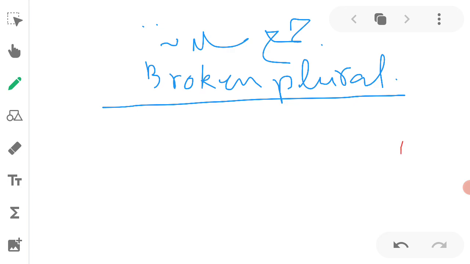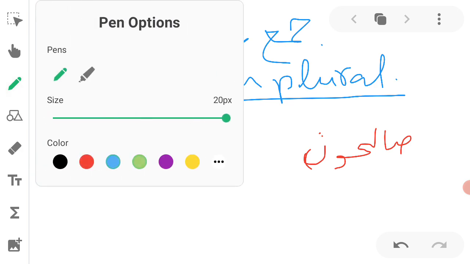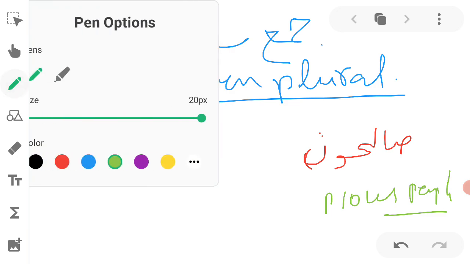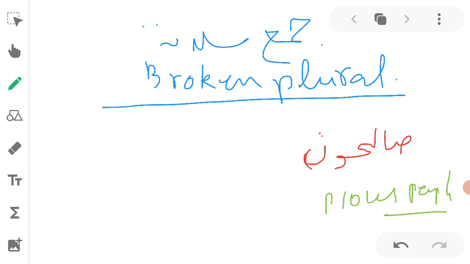So for example, let's see, salihun. So that's a plural. It meets all the conditions, because the first condition is that it should refer to more than two people. So salihin is any good people, pious people, males.